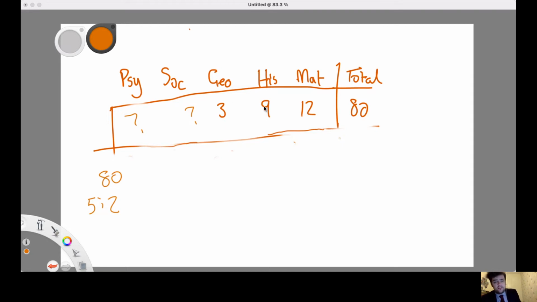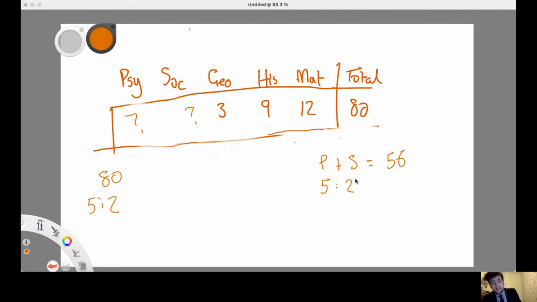So we know this adds 12, this adds 12, so we know there's 24 of these. Take 24 away from 80, you get 56. So we know that psychology plus sociology is 56. And we know there's 5 psychology students for every 2 sociology students.